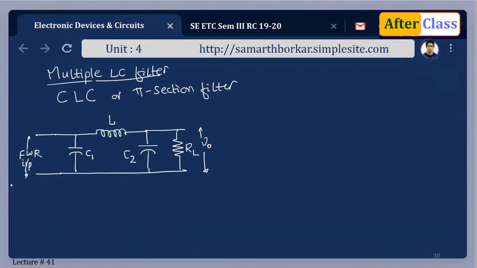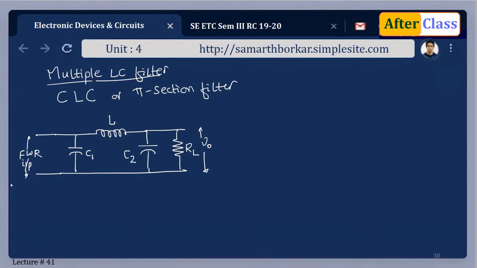So the output across C1 will minimize the ripple just like a C filter, and the output of C filter, that is C1 filter, is then subjected to LC2 filter, that is kind of an L section filter, which will be further smoothened. So it's exactly like two-stage filters here. First we have the capacitor, shunt capacitor filter, followed with the L section filter, that is LC2 filter.